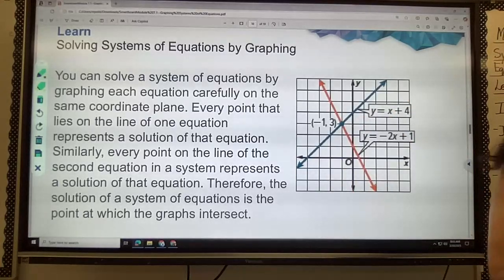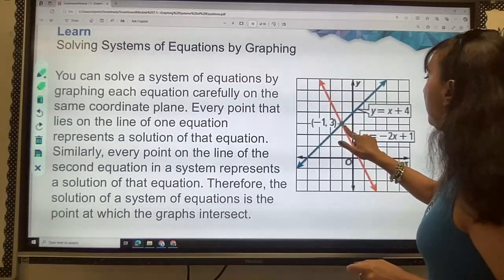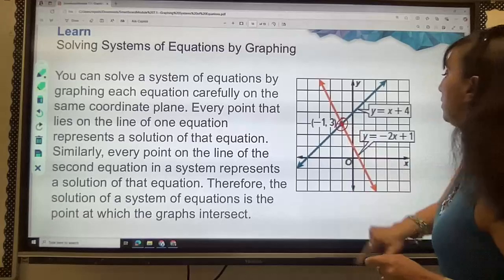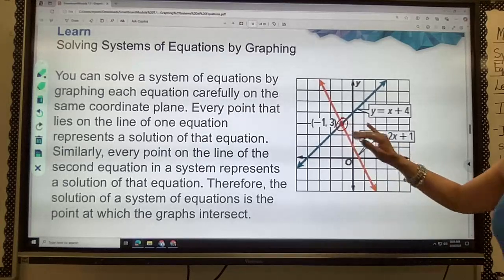And where they intersect, which is here in this case, is going to be a solution of a system of equations. This is where the graph is intersecting.